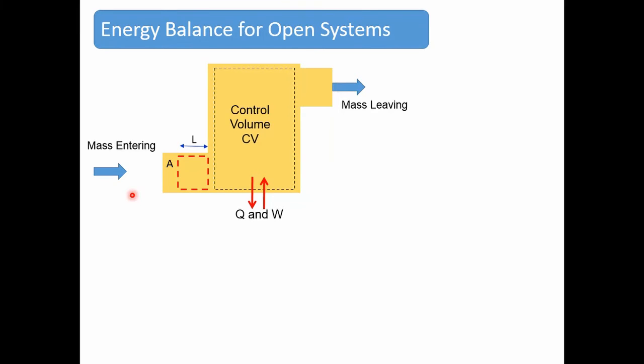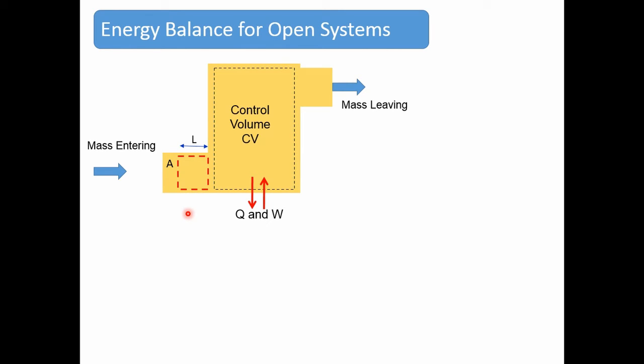When a mass is entering the system, the surrounding does this work on the system, whereas when the mass is pushed out from the control volume, the system does the work on the surrounding.